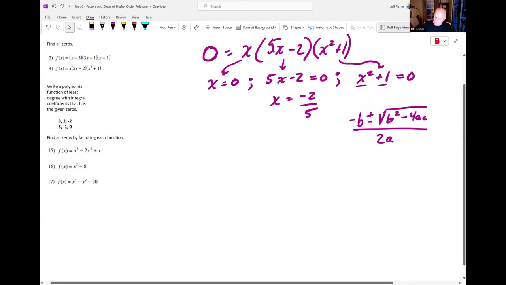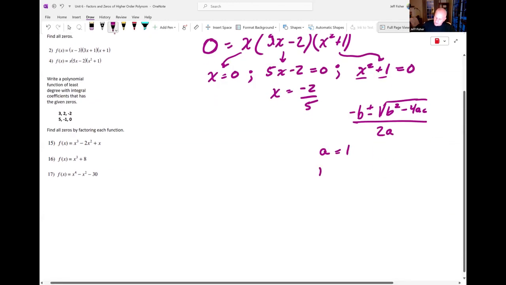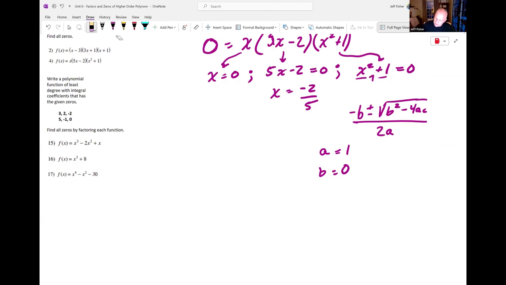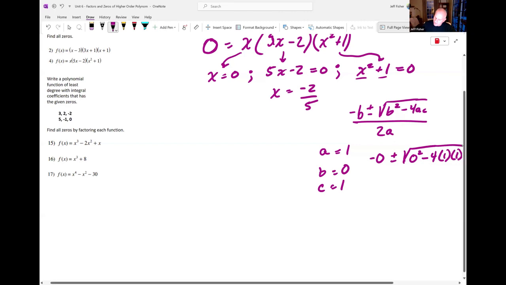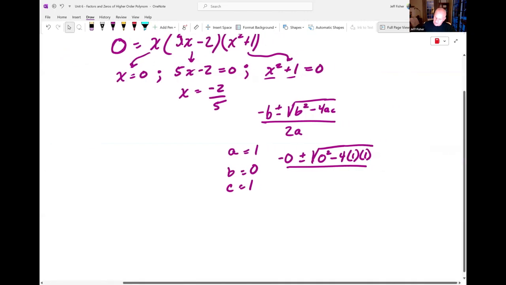Well, a equals 1 because there's an implied coefficient of 1 there. There's no b, there's no x term. And then c is also 1. So we say negative 0 plus or minus the square root of 0 squared minus 4 times 1 times 1, divided by 2 times 1.